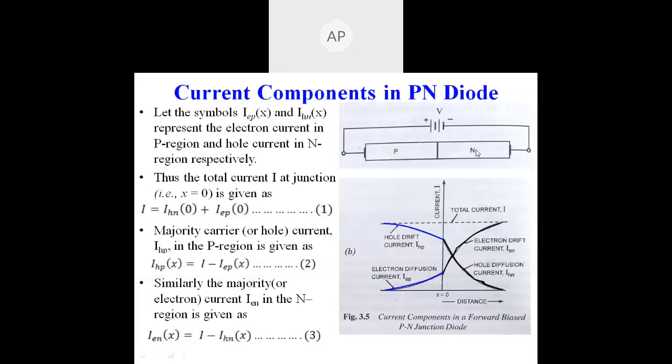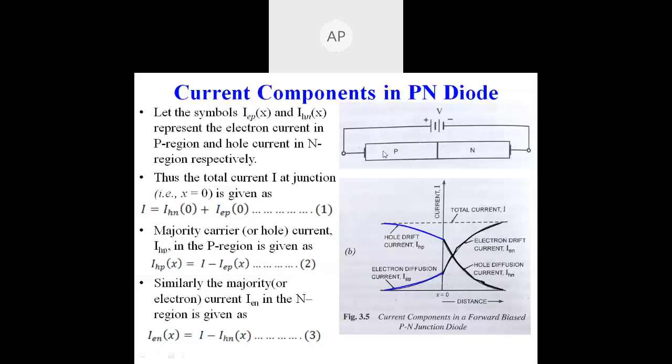Similarly, once the external voltage is greater than the barrier potential, this barrier will break. Once the barrier breaks, majority carriers, the holes, will combine with electrons, and the majority carrier electrons will combine with holes.